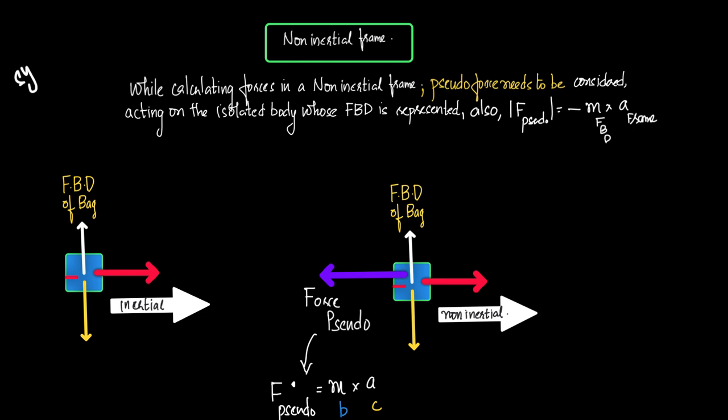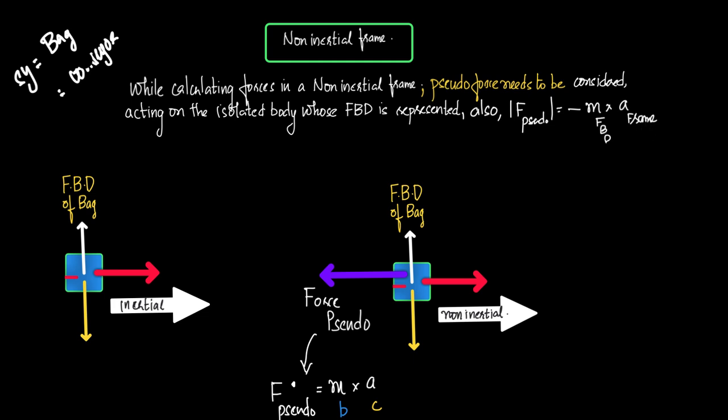Our system here consists of two bodies, one which is the bag and the other which is the conveyor. And since we are interested in the motion of the bag, while considering the free body diagram of this bag, we will also have to include the pseudo force acting on the bag, whose magnitude is given by negative of mass of the body whose free body diagram is considered into acceleration of the frame.